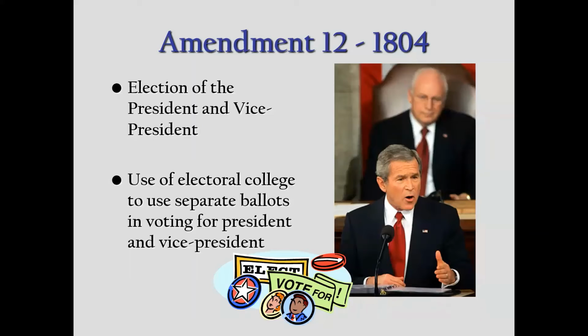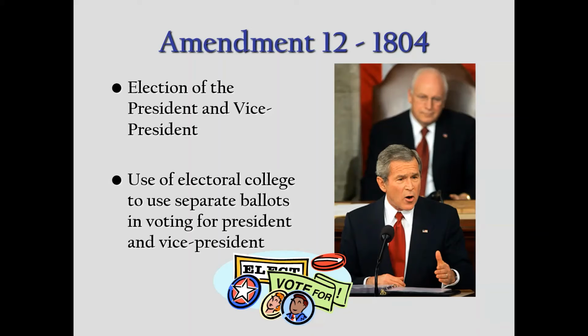What that typically meant was that those two candidates would be from two different parties. If we were to use that system in the 2020 election, Joe Biden, who received the most votes, would become president, and Donald Trump would become vice president. So you can see why that would be potentially problematic. The 12th Amendment fixed that.